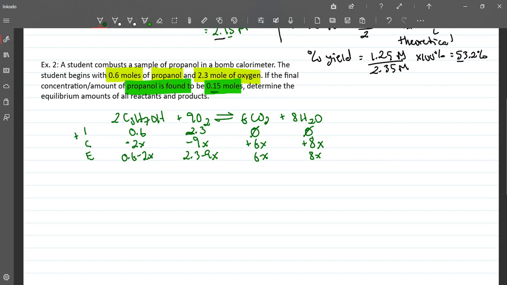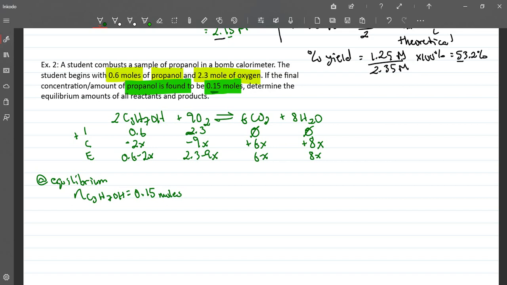Okay, so at equilibrium, we have a certain number of moles given to us in the question, 0.15 moles of propanol.